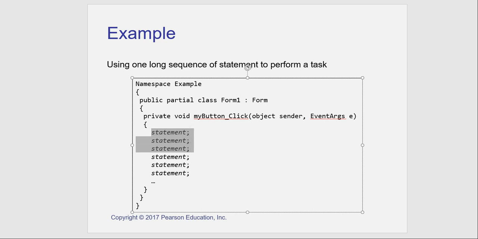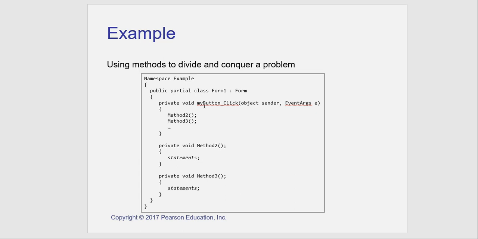Also, if for some reason we need to execute a block of statements multiple times, methods become very useful. It would look like this: my button event handler, when I click it, simply executes a method. This is a user-defined method that I created right here. Here's the header, and this is the body. The header says we're taking a private method that's not going to return anything. It's going to be void. I'm going to call it method number 2, and I have no argument here.